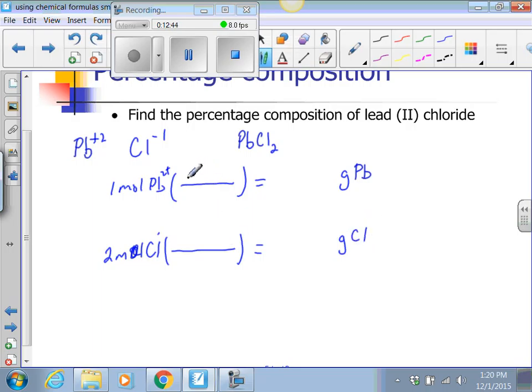So with our molar masses, lead is 207 grams in every 1 mole of lead. Chloride, 35.5 grams for every 1 mole. So this is going to be 207 grams, because 1 times 207 is 207. 2 times 35.5 is 71.0 grams. That's going to add to 278.0 grams.